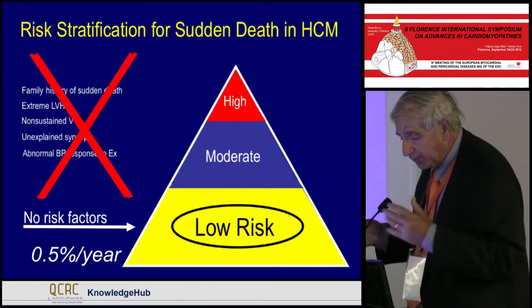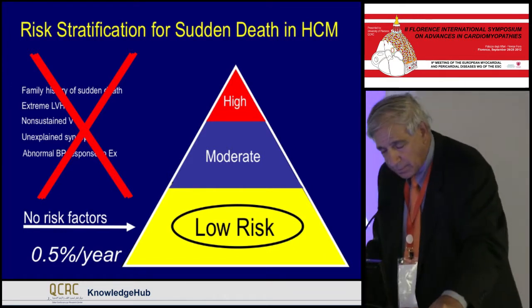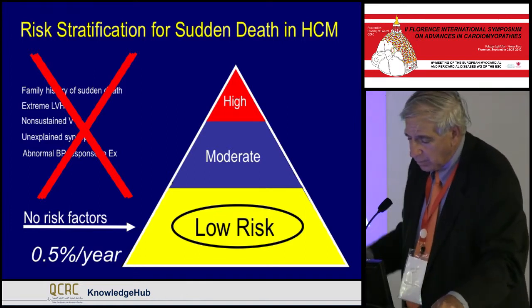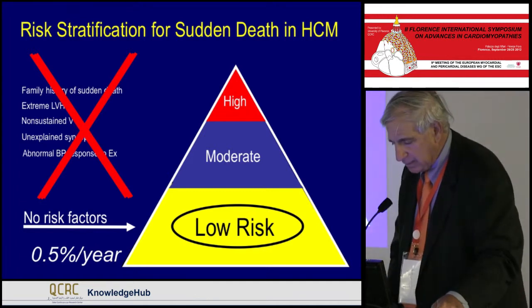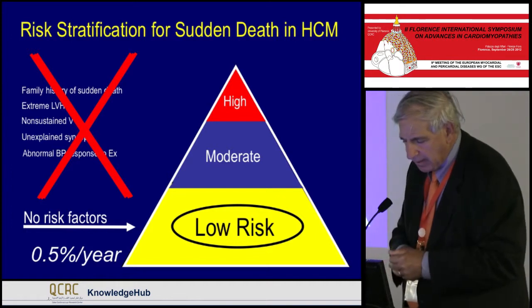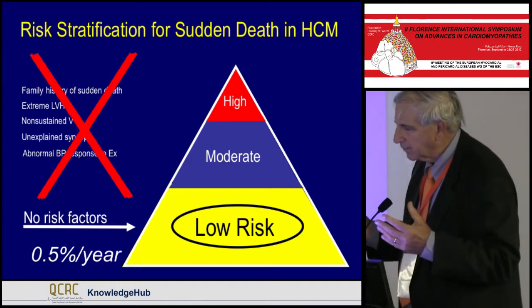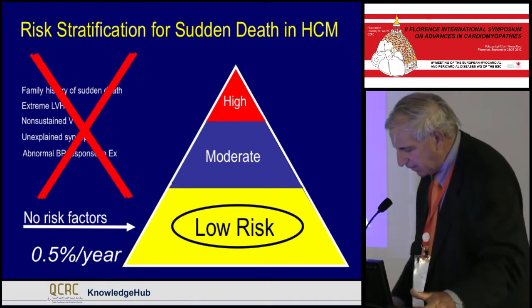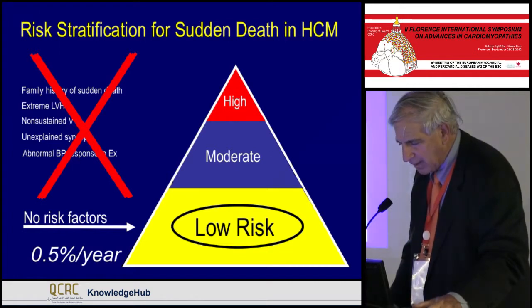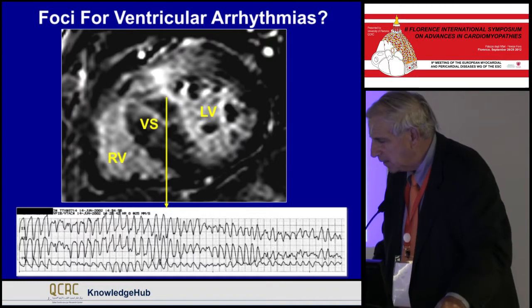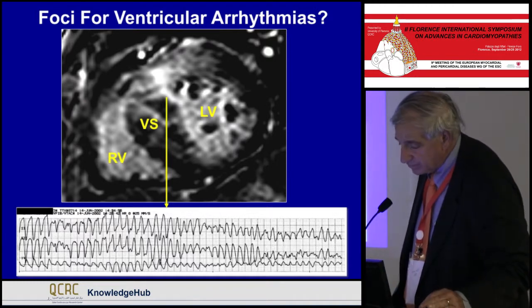But anyway, in hypertrophic cardiomyopathy, and this is Paolo Spirito's work, we have a subset of patients who are at risk but don't look like it. It is the low-risk group that do not have any of the conventional risk markers. Yet events occur. So this is the other side of the coin to risk stratification. Patients who cannot be identified by the standard risk markers and therefore would not be candidates for primary prevention ICDs.